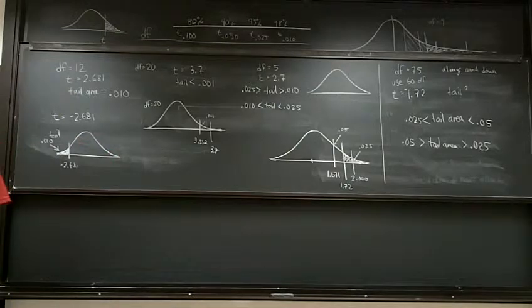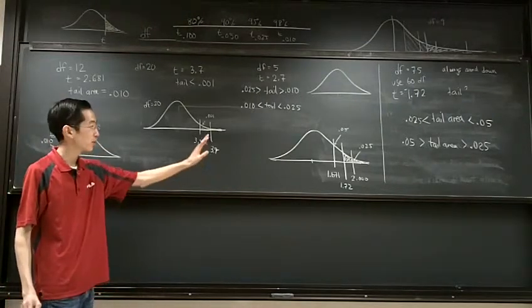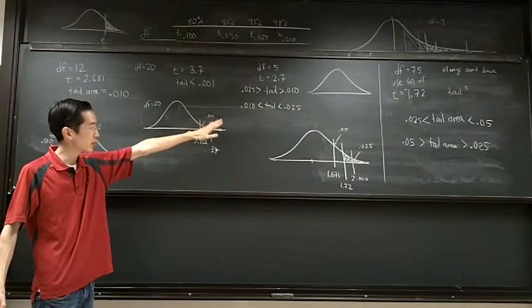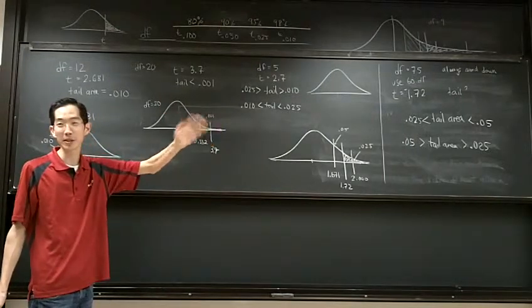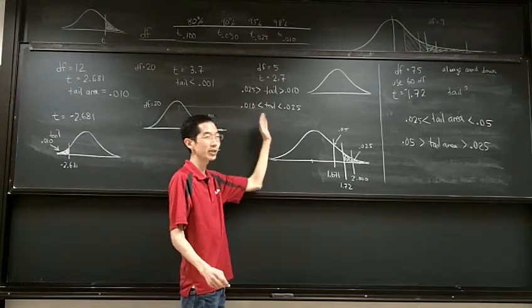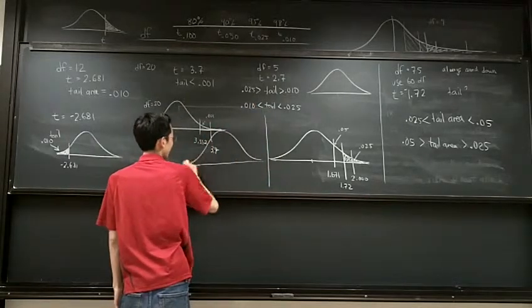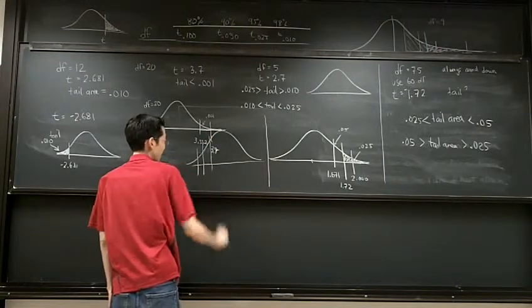Even if our t is negative, we just treat it the same on the table when we read it. So I have a negative 1.72, but I look it up on the positive side of the table because it's symmetric, okay? So just imagine there's a mirror here. And what do we have? We have the exact same thing, but the negative side.